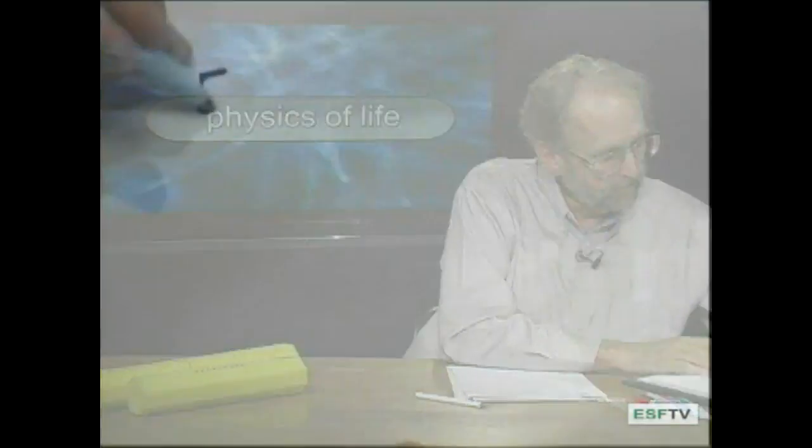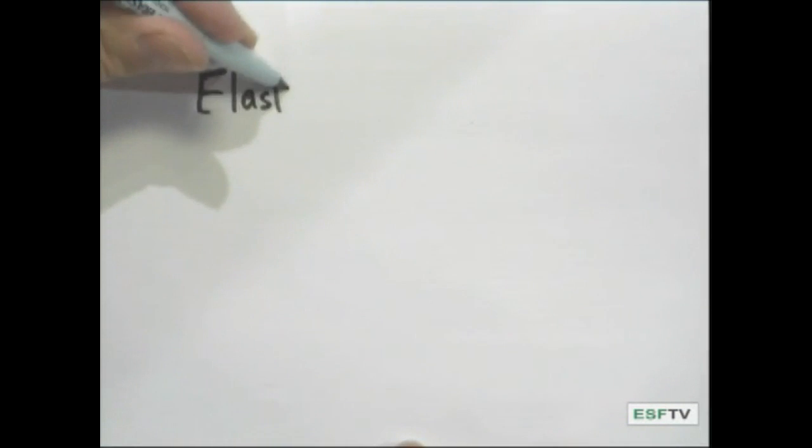First of all, we're looking at kinds of deformations that are elastic deformations. When we refer to an elastic deformation, we're referring to a kind of deformation that results in no net change of shape of the object.